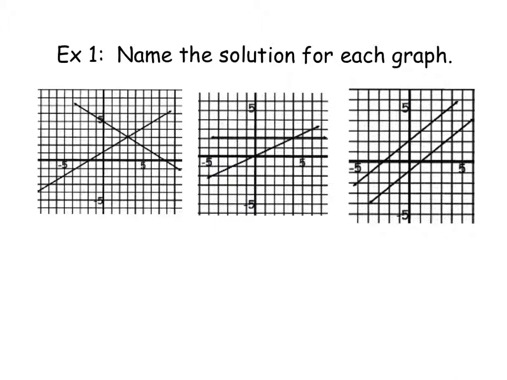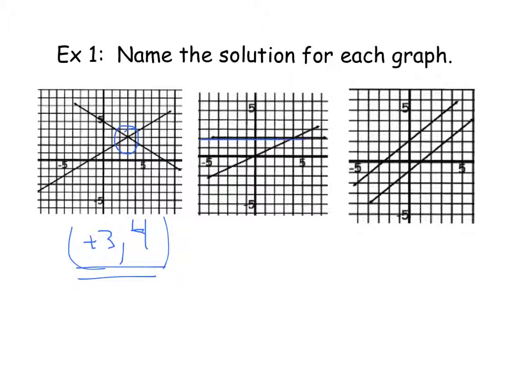So it is positive 3, 4. The ordered pair (3, 4), and I'm going to circle it so you can visually see where that solution is. This right here is the ordered pair that makes both true. We counted over 3, up 4, and this is the solution.